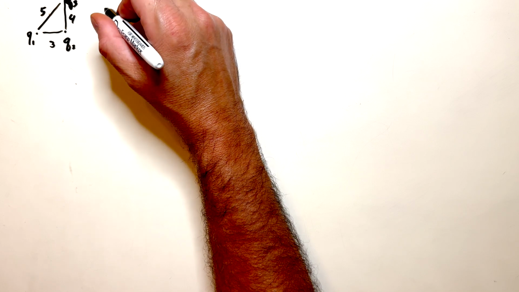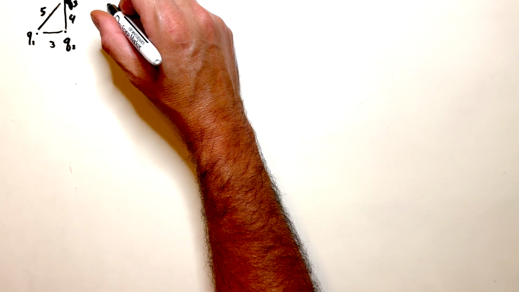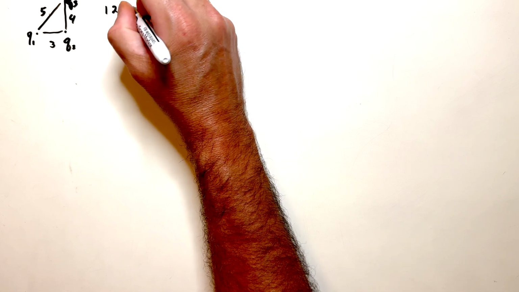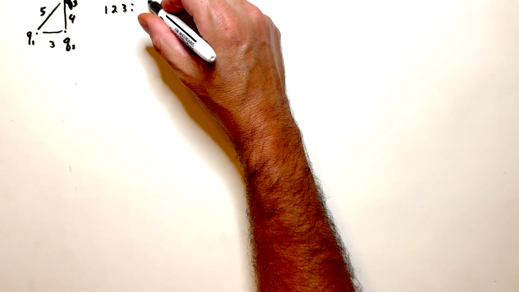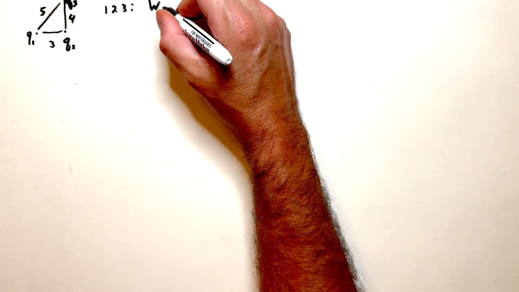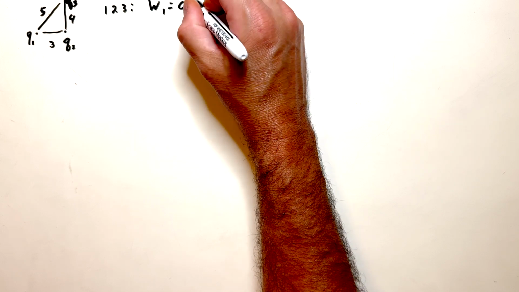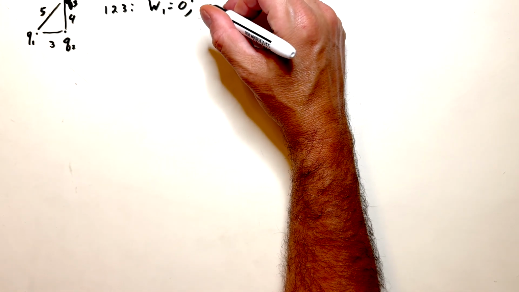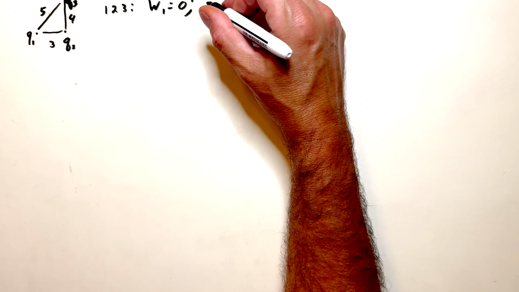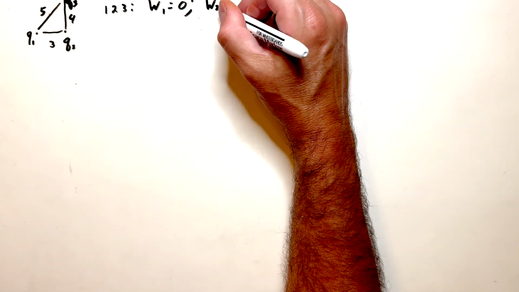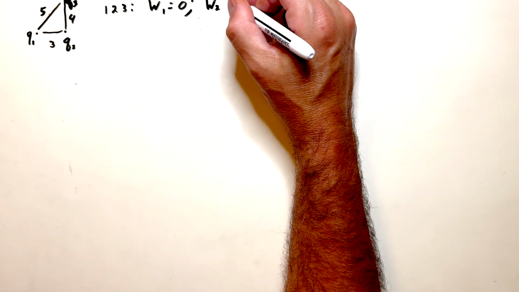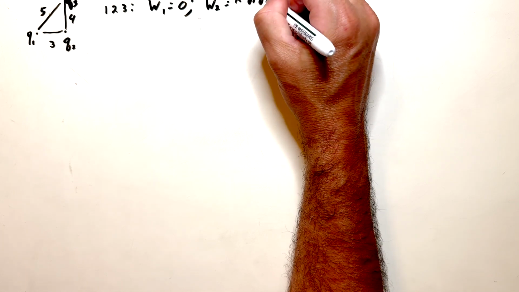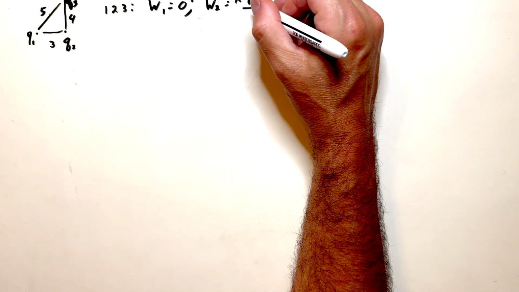So let's see. Let's do the 1, 2, 3 ordering first. So the work for moving charge 1 in, of course, is 0 because there are no charges present yet. So there's no repulsion that they would feel as we tried to move new charges in. The work for 2, however, since charge 1 is already there, is going to be equal to K Q1 Q2 over the distance between them, which is 3.